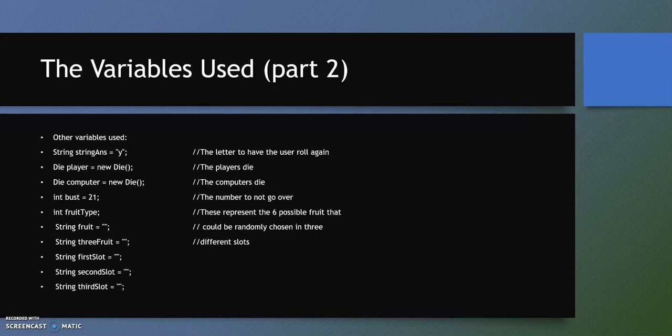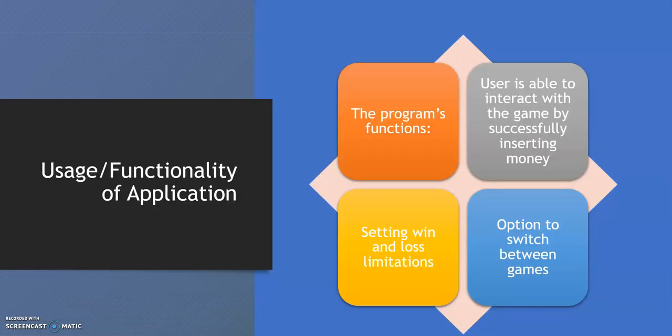The bottom half are the ones representing the fruit. We have the 6 possible fruit that we correlate to numbers 0 through 5, and we also separated them into each of their own slots. Then the top part has the computer's die, the player's die, and being able to keep rolling again and accumulate more points if the player wanted.